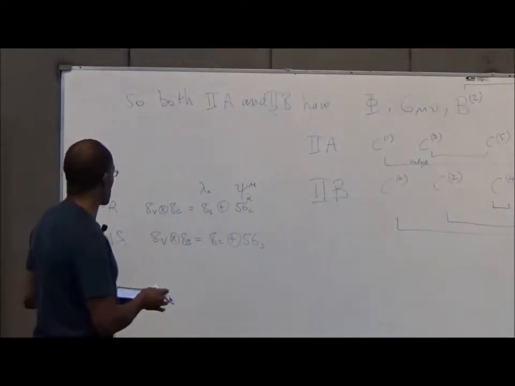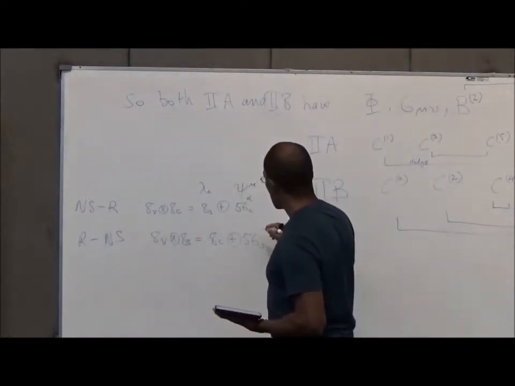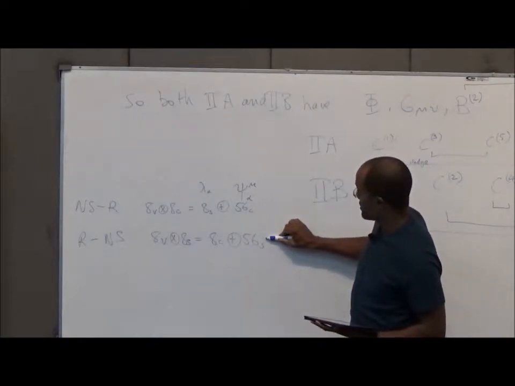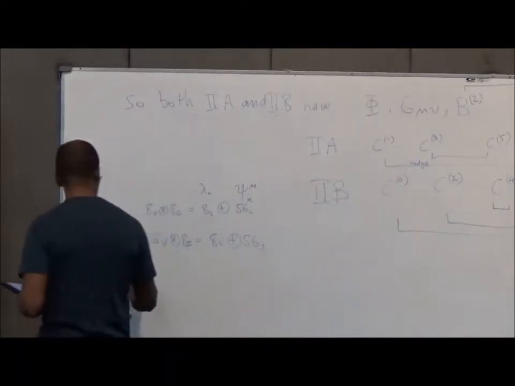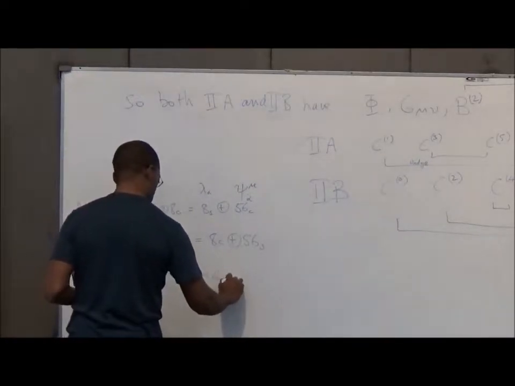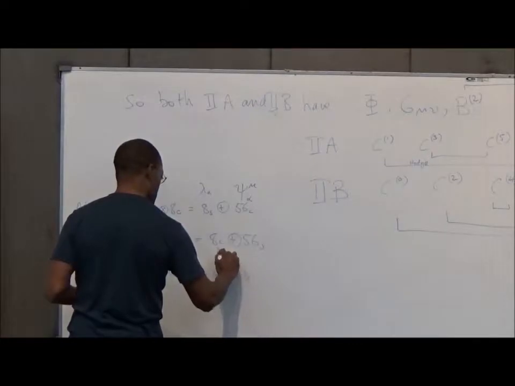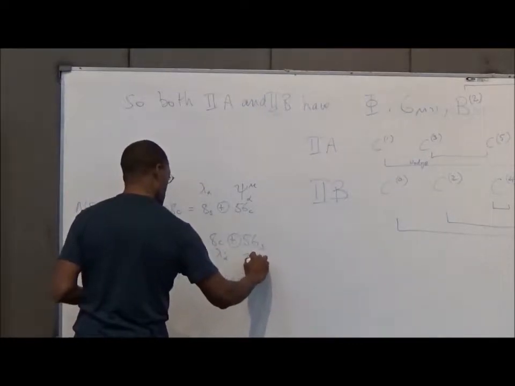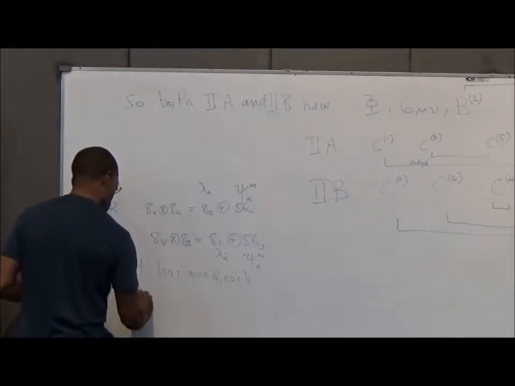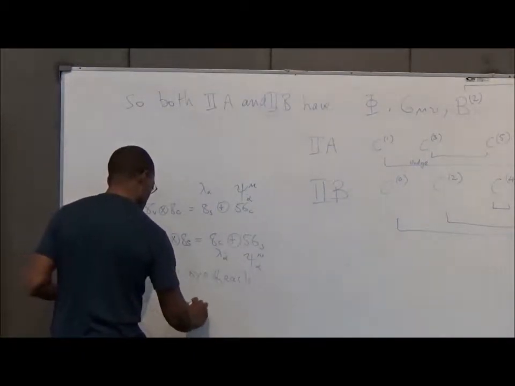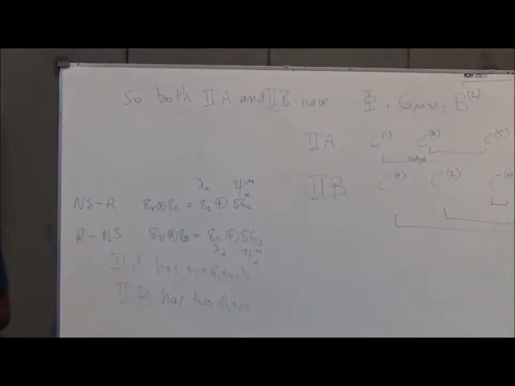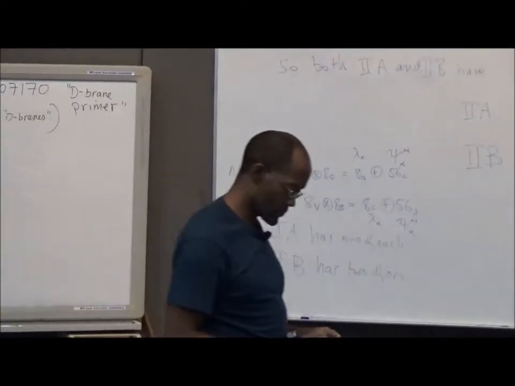So the point is that type 2A has one of each, and type 2B has just 2 of 1. And that's why it's the chiral choice.